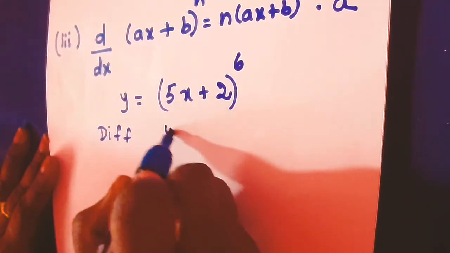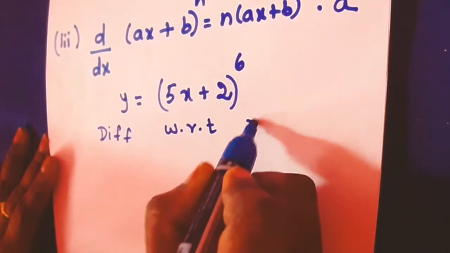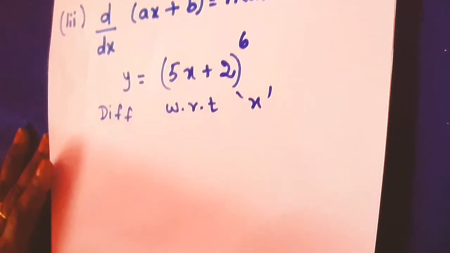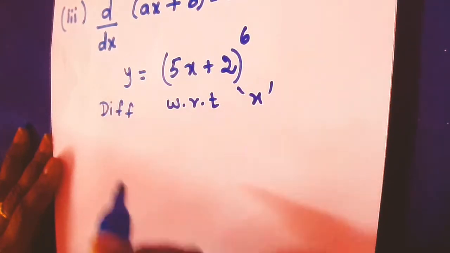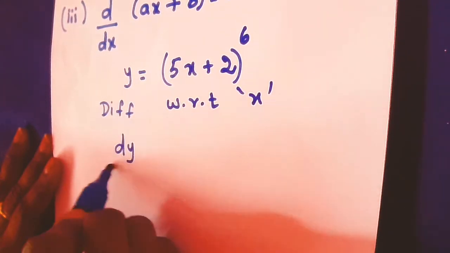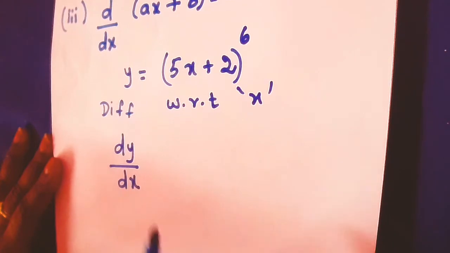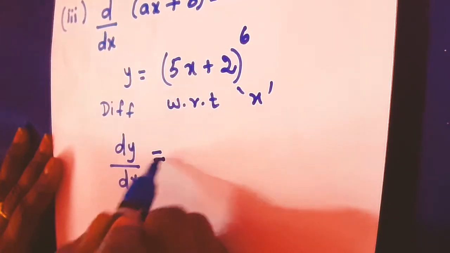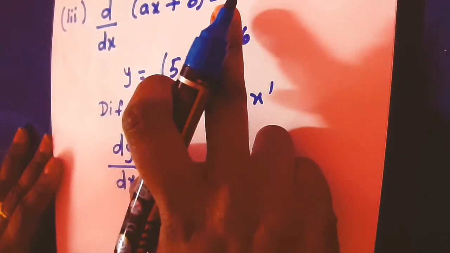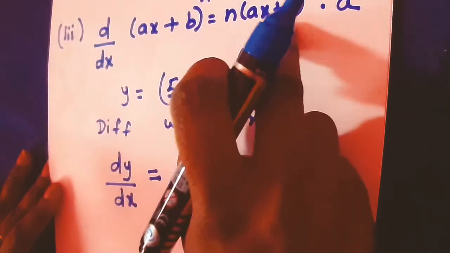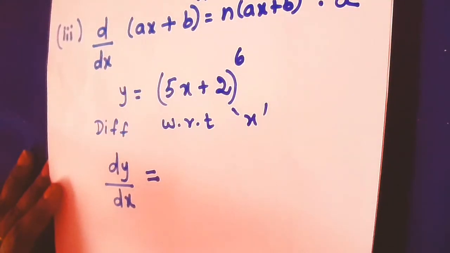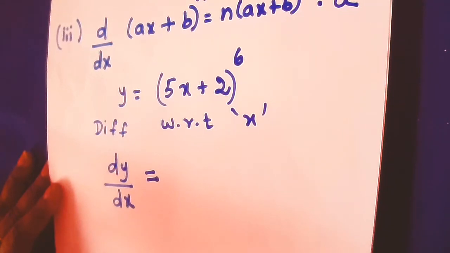Differentiate with respect to x. What is differentiation of y with respect to x? dy by dx is equal to, apply this formula, n times (ax plus b) the whole raised to the power n minus 1 times a.